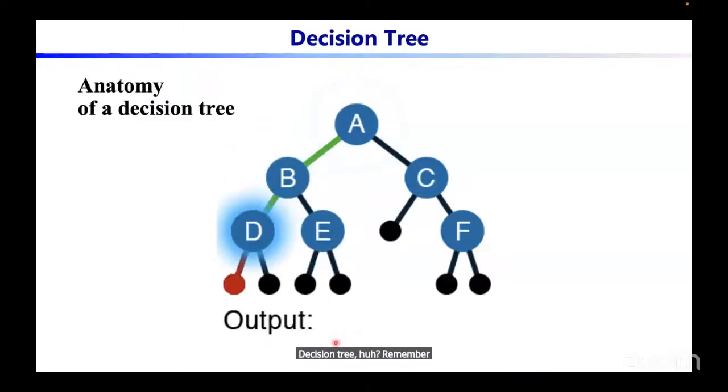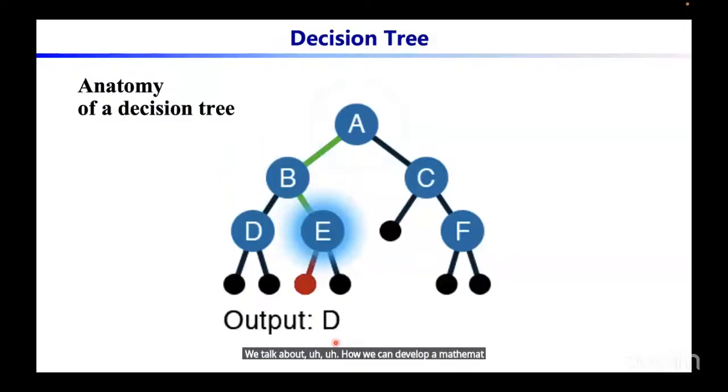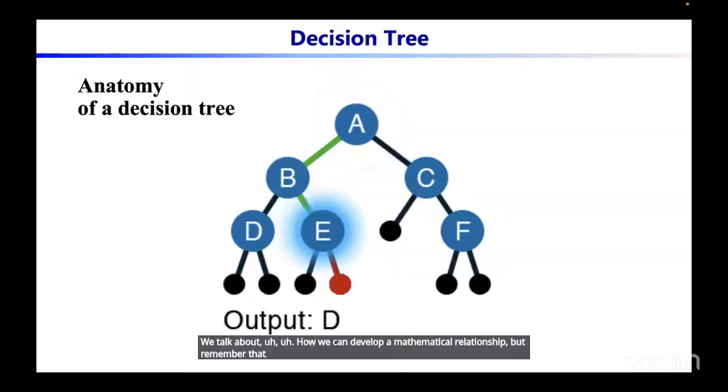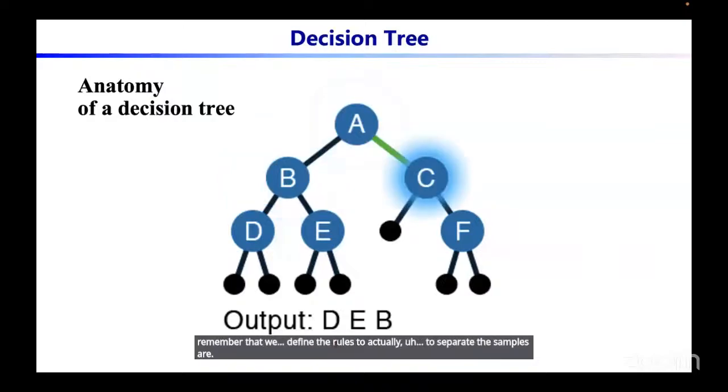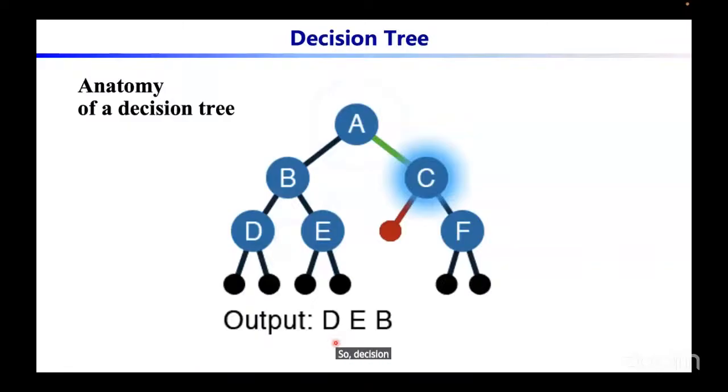Remember in one of our previous lectures, we talked about how we can develop a mathematical relationship. Remember that we define the rules to separate the samples. So decision tree, again, uses this kind of strategy.